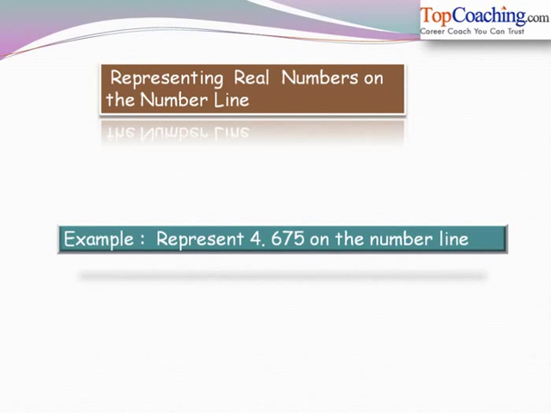We have taken this as a terminating decimal. Of course, we know that representing 4 is quite easy, but representing 4.675 seems to be a bit complicated, and it is in fact a bit complicated, but its procedure is quite simple. So let's see how to actually represent a number like 4.675 on the number line.